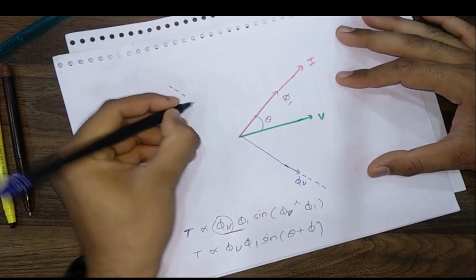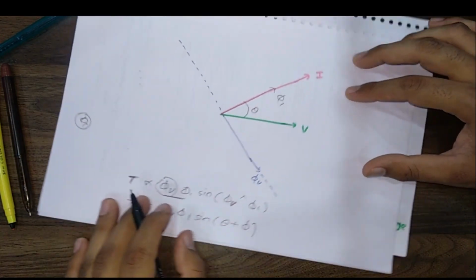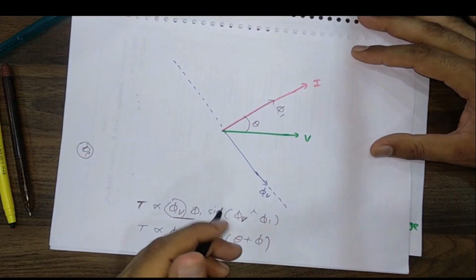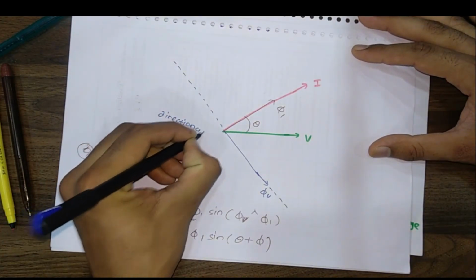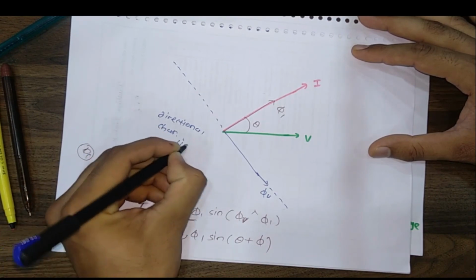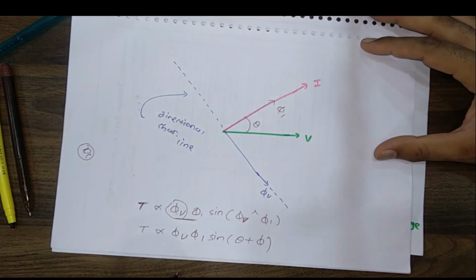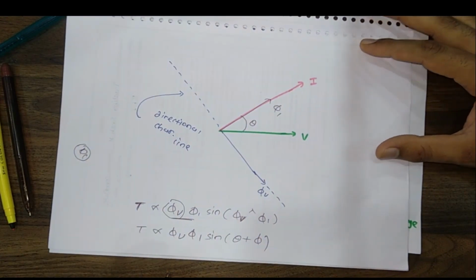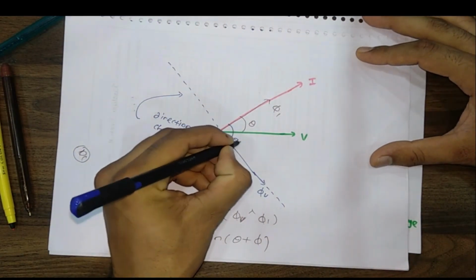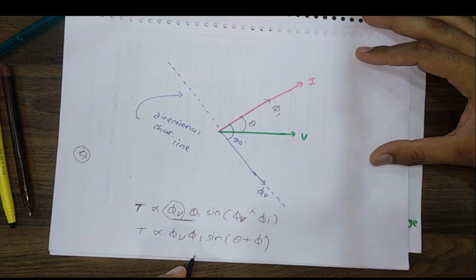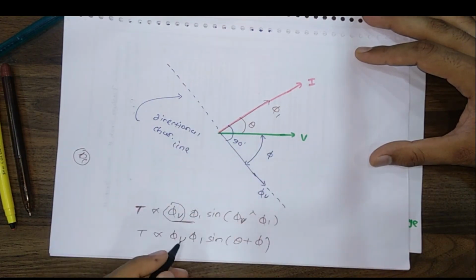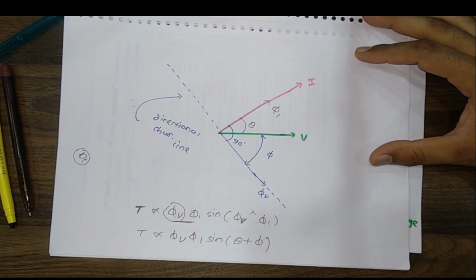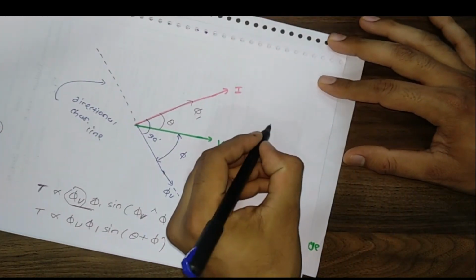Let me just extend this graph. So there is the directional characteristics line, and this angle will be 90 degrees, and between voltage and phi V there is the angle phi.